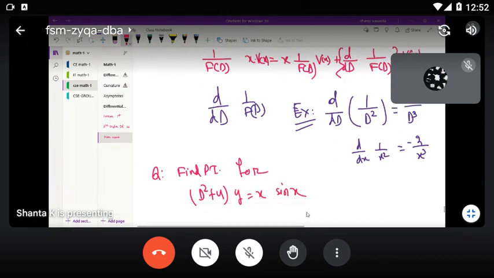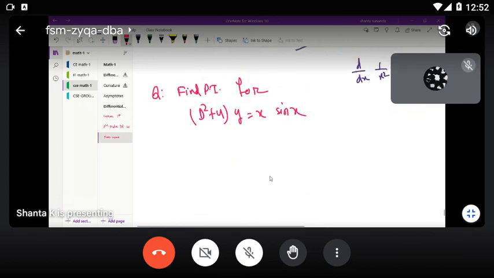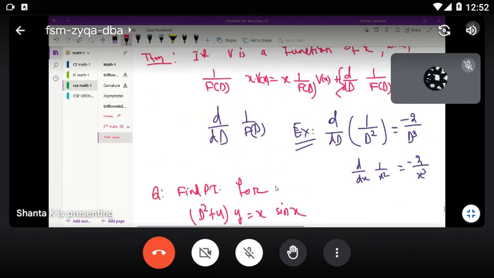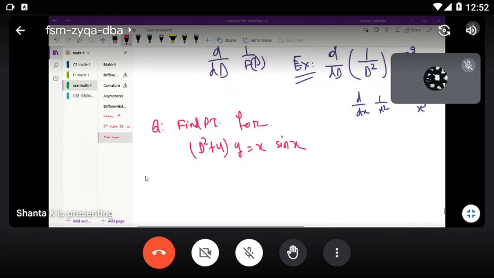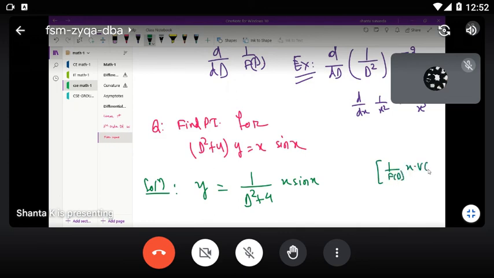Okay, so here, x sin x, we will try this formula. Now this formula you can use: it is 1 by f of d, x into v of x.